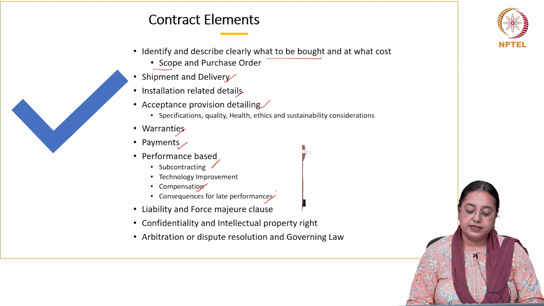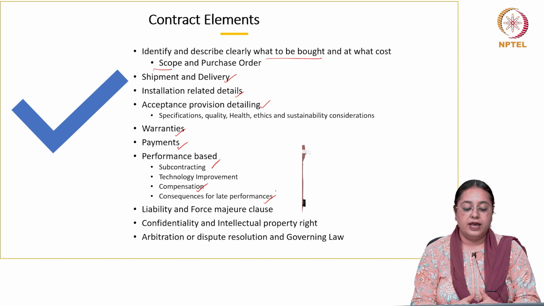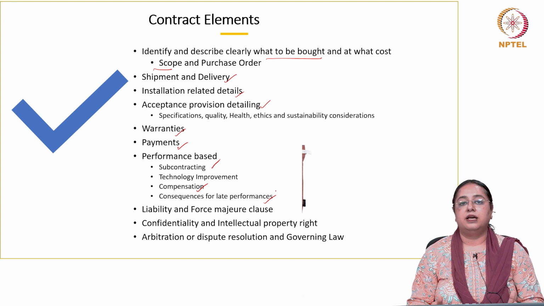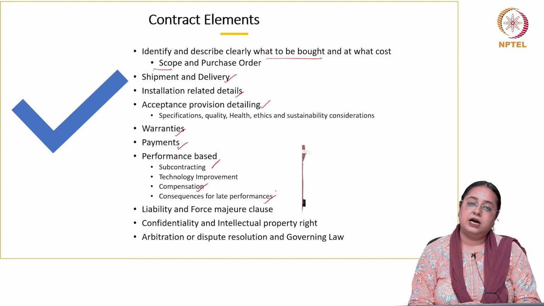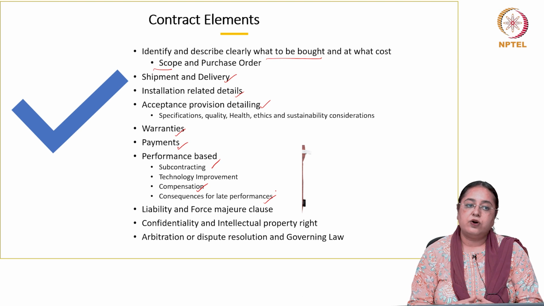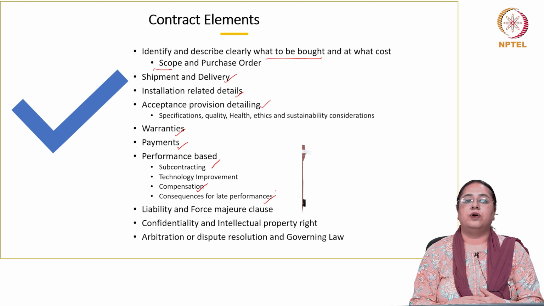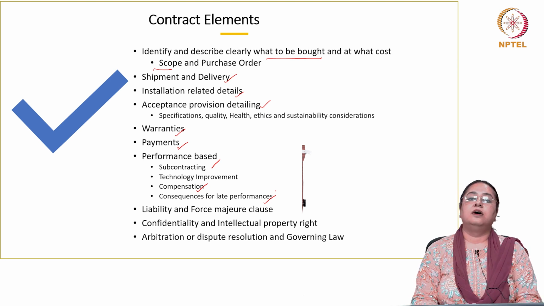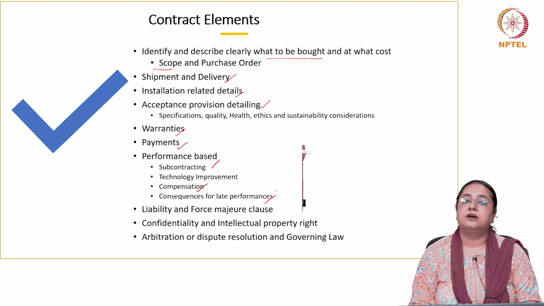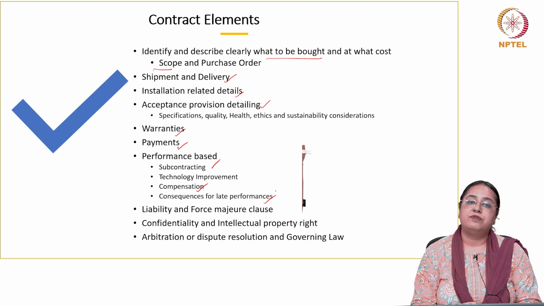Another important thing is confidentiality and intellectual property, right? So every supplier and buyer have to write the confidentiality agreement. For example, if supplier and buyer are working on a very confidential project, for example any government project, or defense or very sophisticated technology which has to be kept confidential, these clauses have to be mentioned.